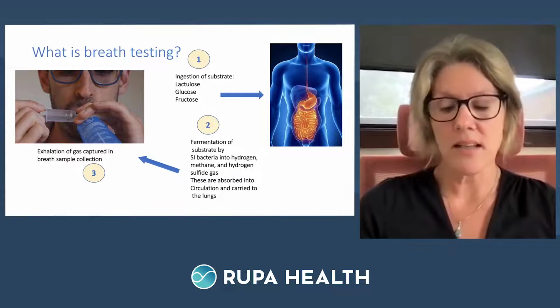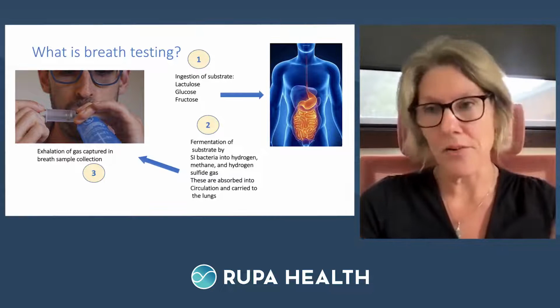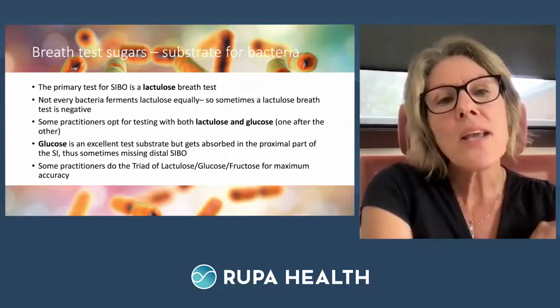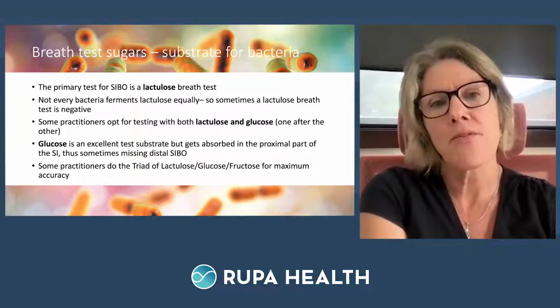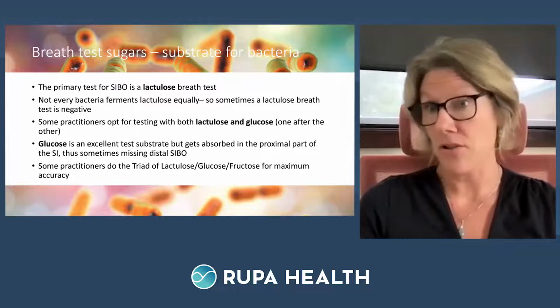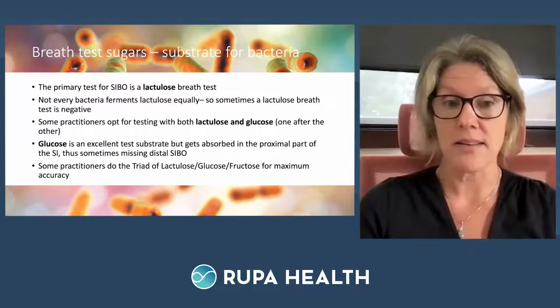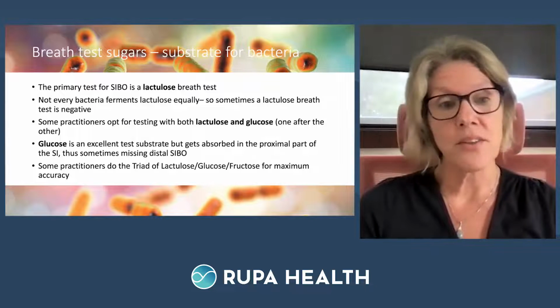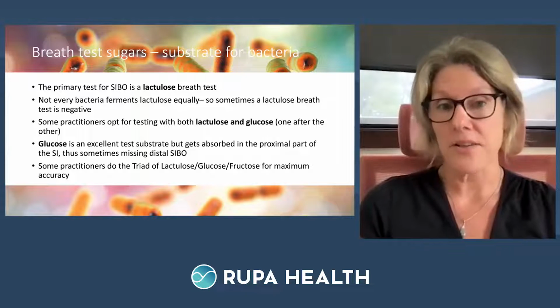So that's really the background of what we're actually testing. The primary test substrate for the breath test is lactulose, and in most of the research that's being used is lactulose. But not every bacteria ferments lactulose equally.